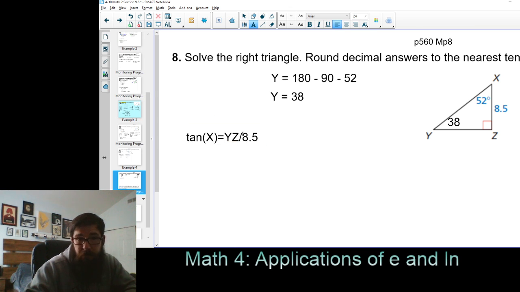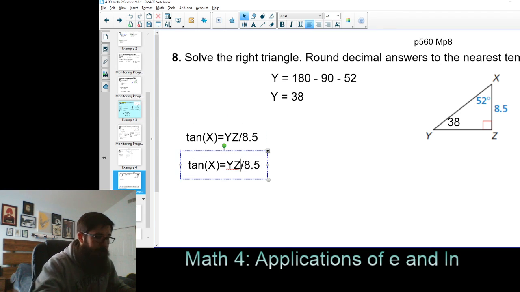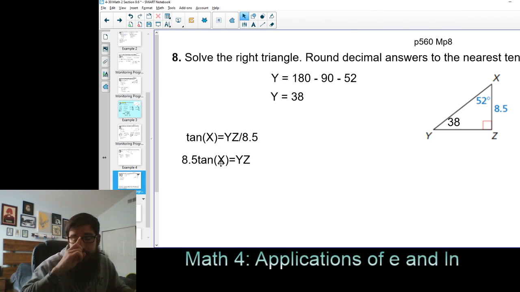So what I would do is I'd multiply both sides by 8.5 to get YZ by itself. We'll type that in a calculator in a second. That's going to give me how big YZ is. Let's say you wanted to find YZ using the 38 degrees that you just got. From 38, I know 8.5.